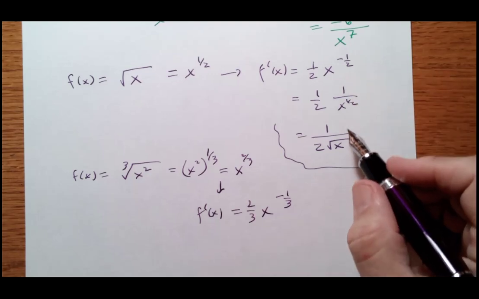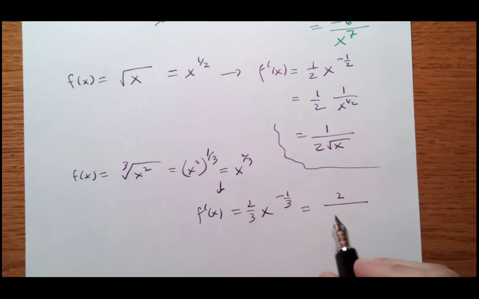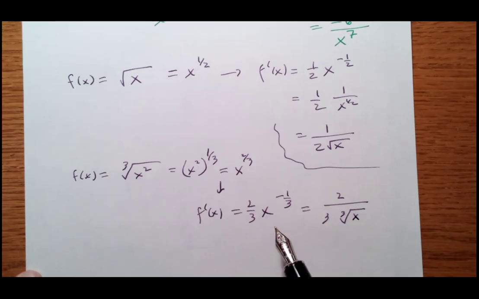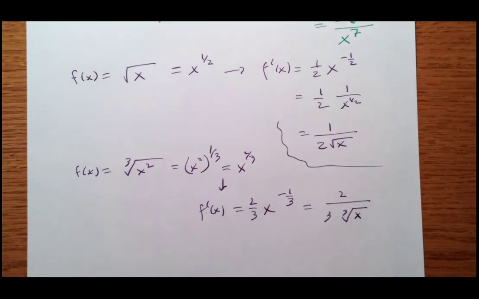Again, if I go through this process of simplifying, the 1/3 power goes on the bottom, but the 1/3 is a cube root. The 3 stays on the outside, and the 2 stays on the top. Yay! Power rule works for any power: positive, negative, whole number, fraction, irrational numbers, ugly numbers. You can raise something to the pi power. I'm not going to, but you could.